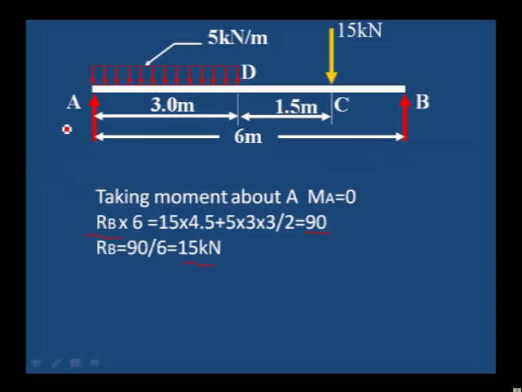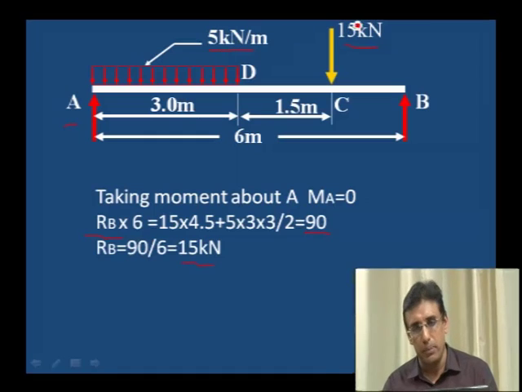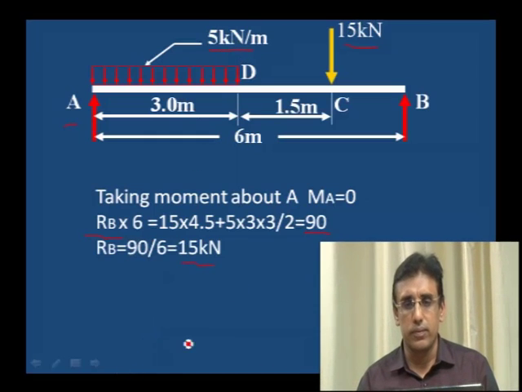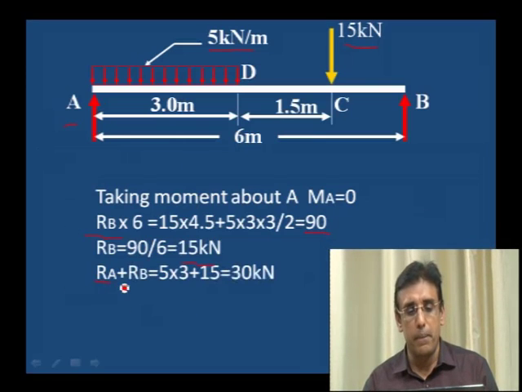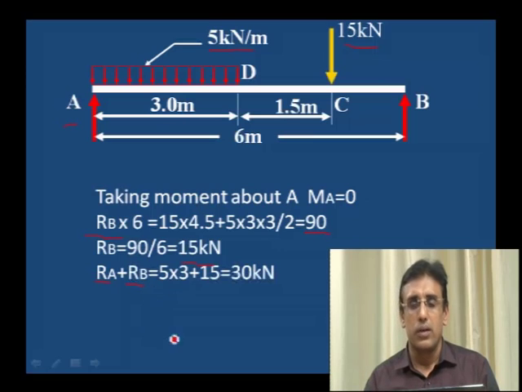To calculate RA, consider the downward forces: one is 15 kilonewton, another load is 5 kilonewton per meter into 3, 15 kilonewton. 15 plus 15, 30 kilonewton is the total downward load, which must be equal to the upward load RA plus RB.